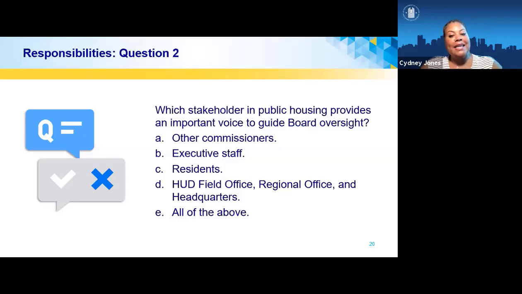All right, looks like 89% of you got that right. The answer was all of the above. So all of those folks listed, other commissioners, executive staff, residents, HUD, they are all important stakeholders to help guide your decisions. So great job. All right, let's take a look at the next slide.